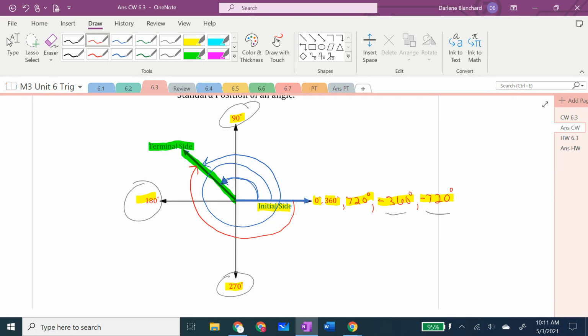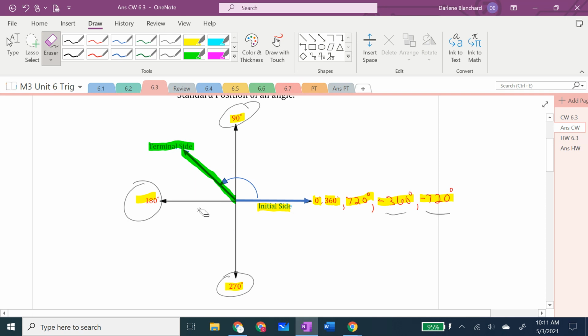And in fact, there's a formula you can use. Whatever angle this happens to be for my terminal side, I'll just say that's theta.